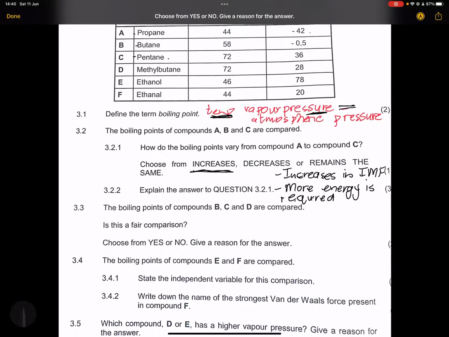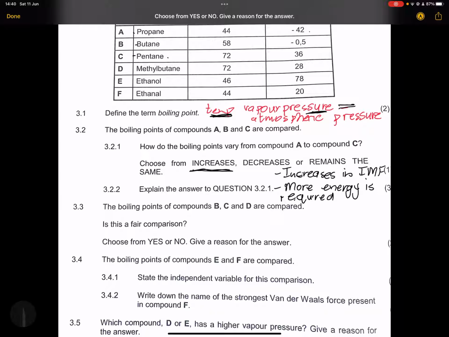The next question, they say the boiling points of compounds B, C, and D are compared. Now I want you to note that B and C are both straight line alkanes, so no issues with that. The only difference is that they've got different chain lengths.